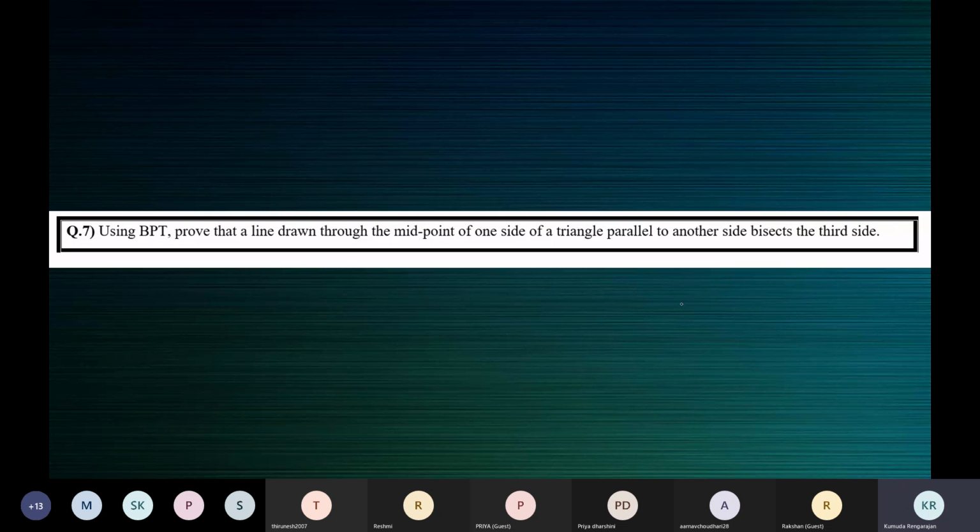So here, using BPT, prove that a line drawn through the midpoint of one side of a triangle parallel to another side bisects the third side. So this is the statement of the midpoint theorem.